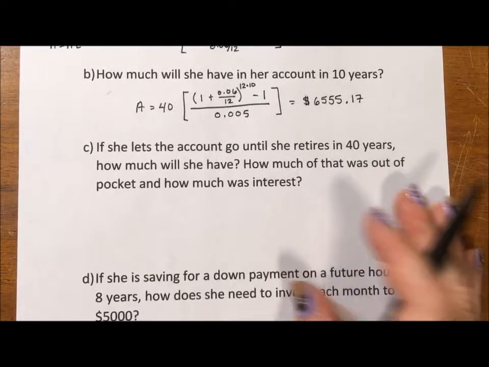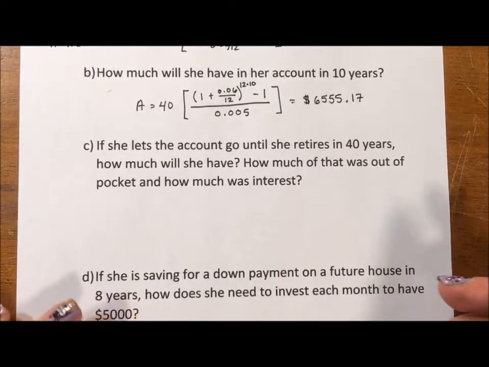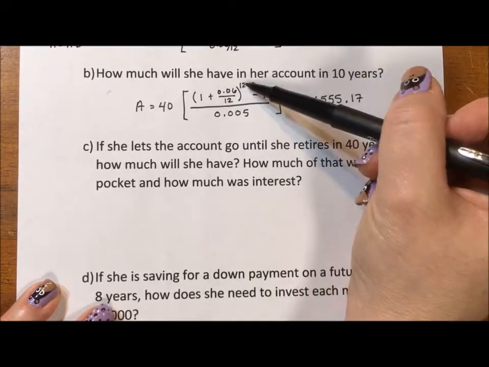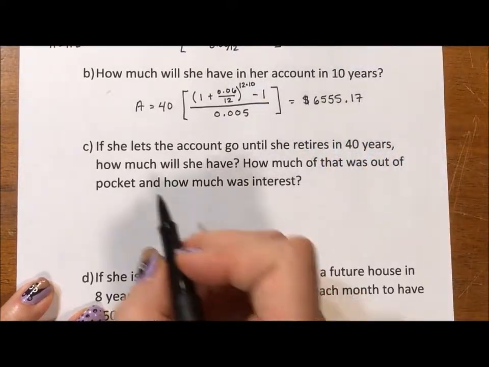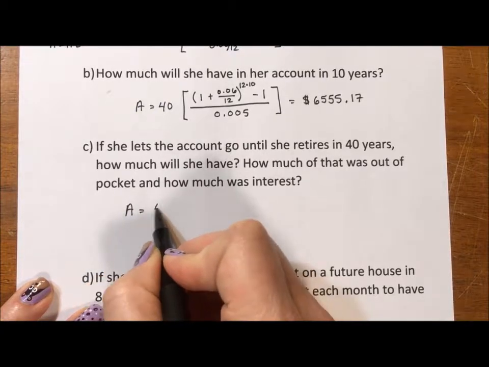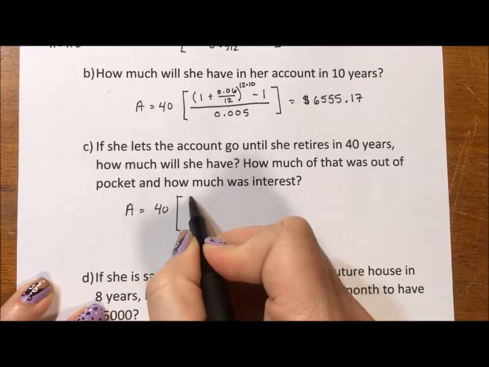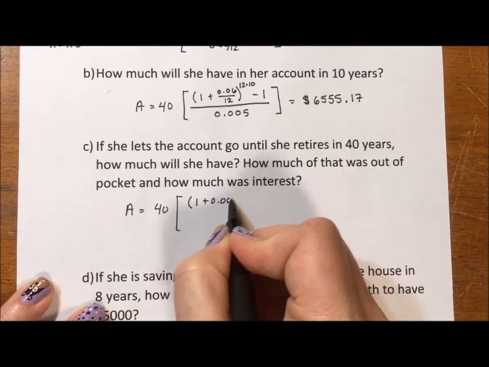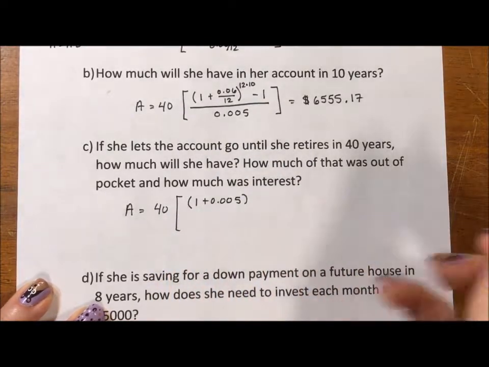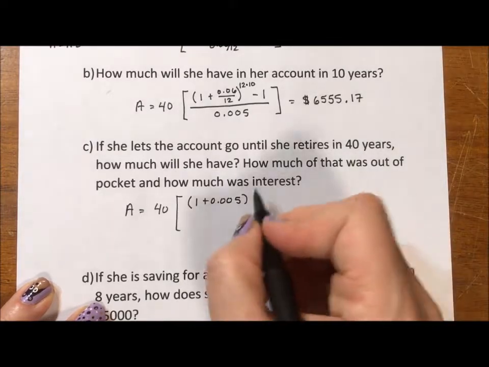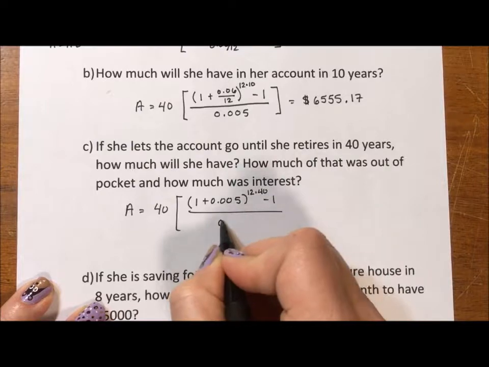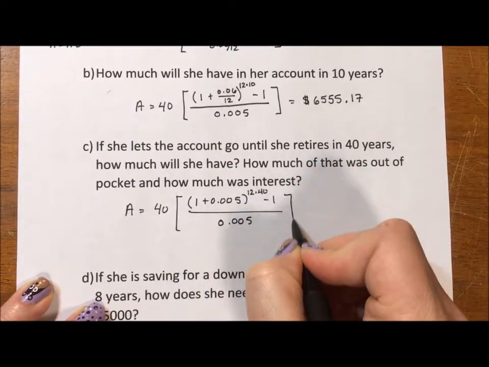Okay, so if she lets her account go until she retires in 40 years, how much will she have? So once again, the only thing that's changing is this 12. So A is equal to 40. I'm going to get this 0.005 in. 1 plus 0.005. You could also write 1.005 and make it even cleaner. 12 times a year for 40 years minus 1 divided by 0.005.